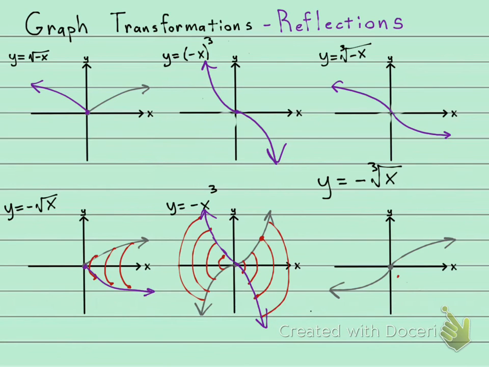Okay, so the answer, I'm going to put it in purple. Answer looks like that. And when you're going to put the answer, that's all you need. Okay, I might do the first one in pencil so it helps me flip it over. Okay, so this is a reflection across the x-axis on the bottom.